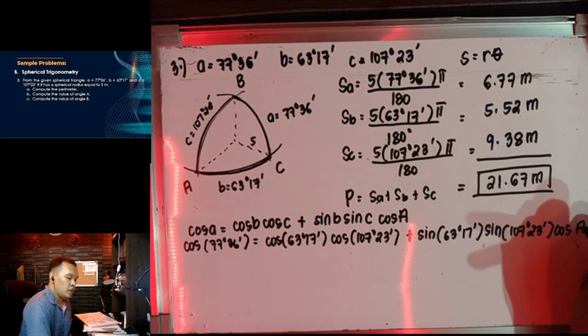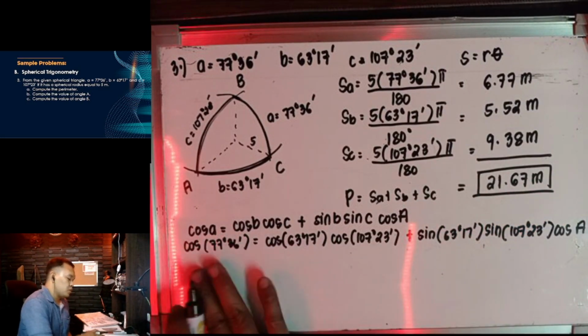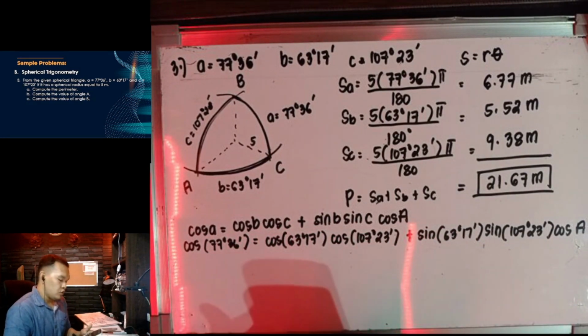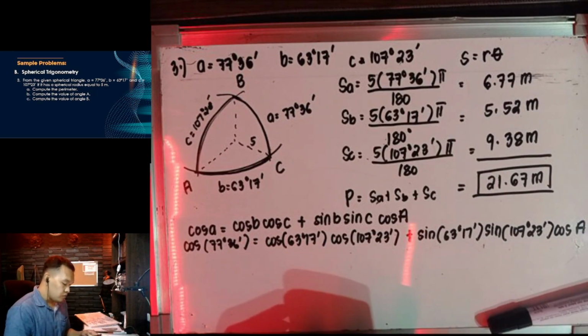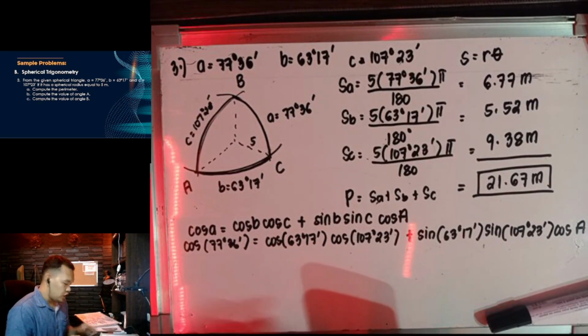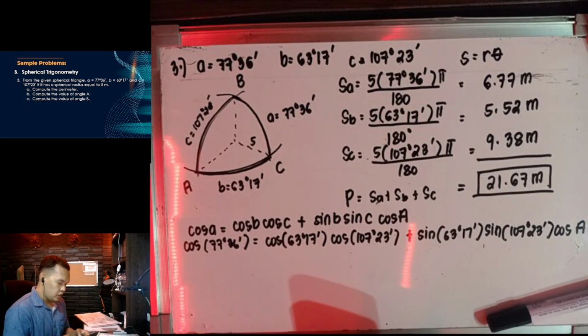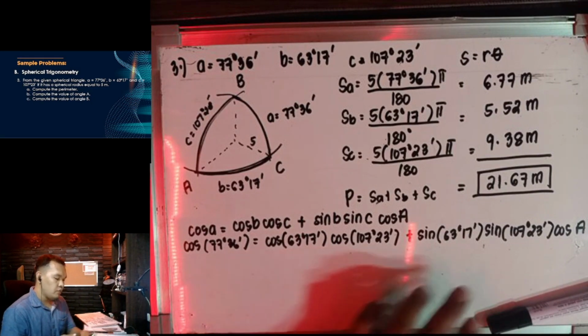Cosine capital A. Okay? So, ito, transpose ko dun sa kabila, magiging minus. Then, ito, pag nilipat ko, magiging divisor. Okay? So, lalabas, we have here arc cosine, cosine 77 degrees and 36 minutes, minus cosine 63 degrees and 17 minutes, cosine 107 degrees and 23 minutes, divided by nito.